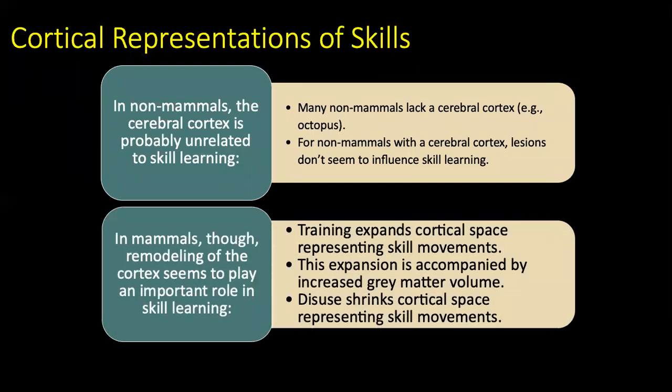But if we look in mammals, and a lot of this has been done in monkeys and humans in particular, when you train on a skill-based task, whether it's a motor task or a cognitive task, the cortical space involved in that type of skill seems to expand, right? So we get an increase, for example, in gray matter volume in areas related to that particular skill. Again, whether it's a motor-based skill or a cognitive-based skill, right?